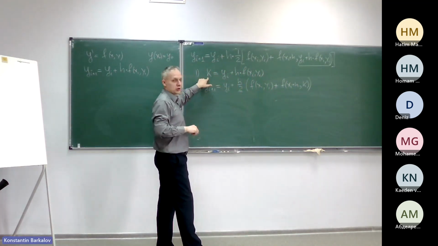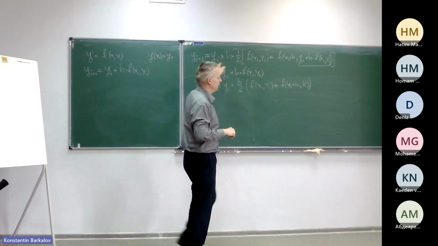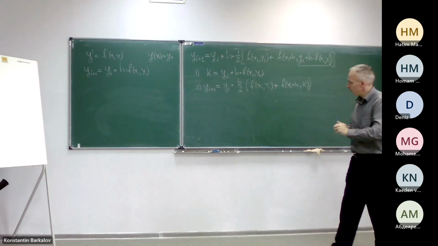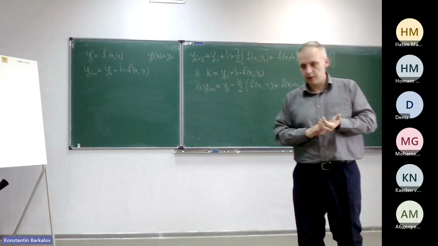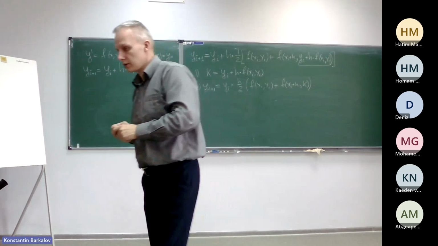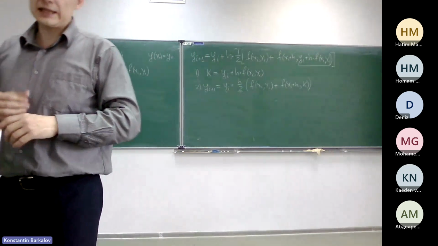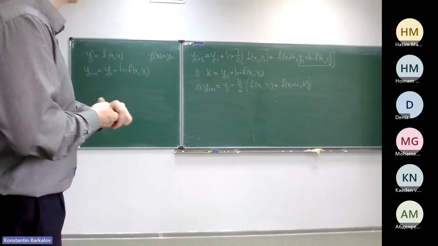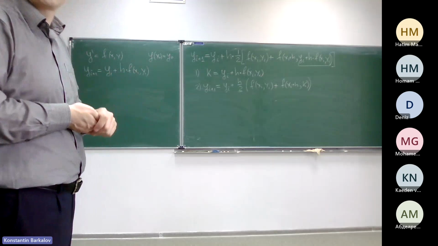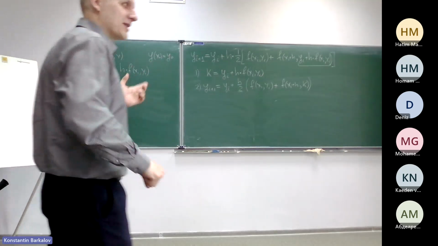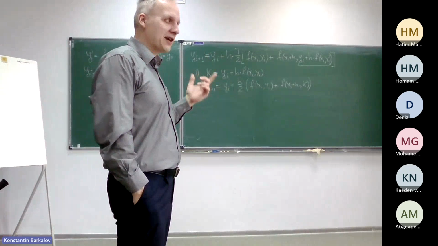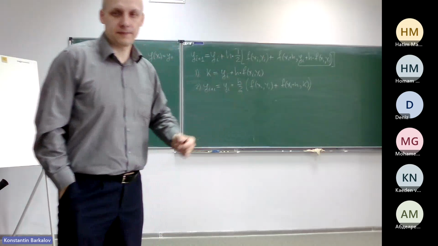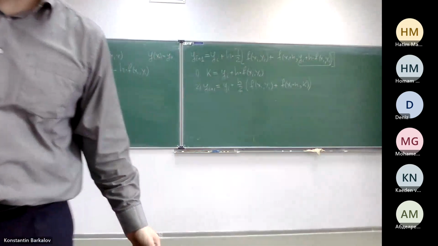So first I compute this intermediate value k, and after that I substitute it here. And this method is 10 times more powerful than Euler's method. What does it mean? It means that this method has an error 10 times smaller. It's a second order method.